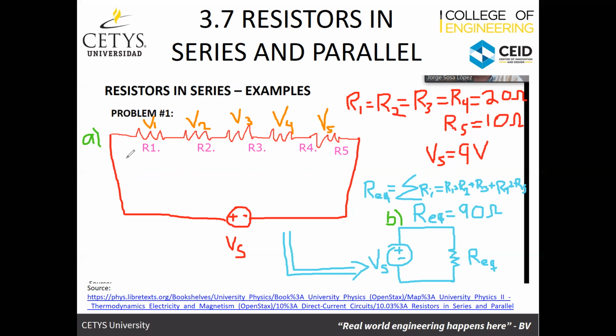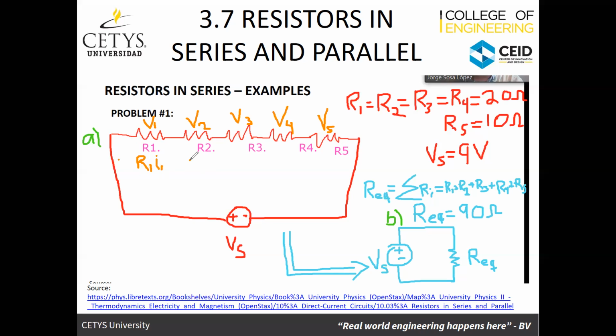The voltage V1 is going to be equal to R1 multiplied by I1. And we already saw that the currents are going to be the same.